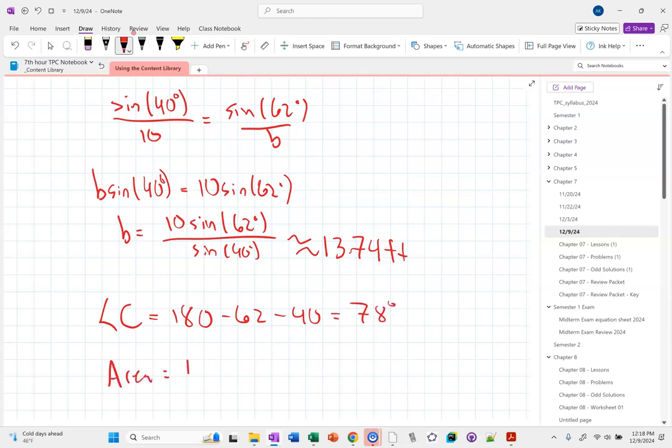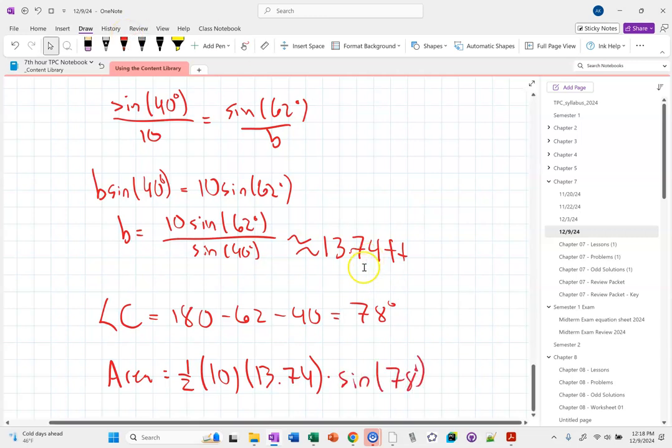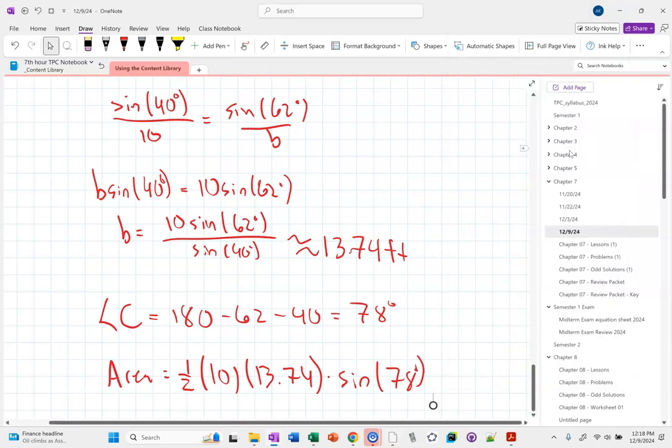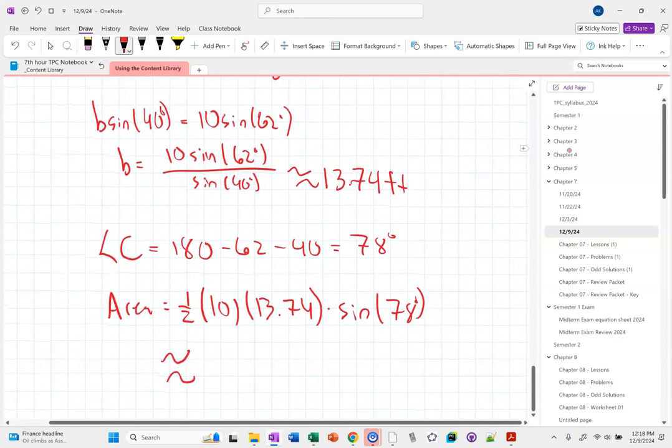So my area then should be 1/2 times 10 times 13.74 times sine of 78. And I'm donezos. So I have about 67.8 or 1/8 square feet.